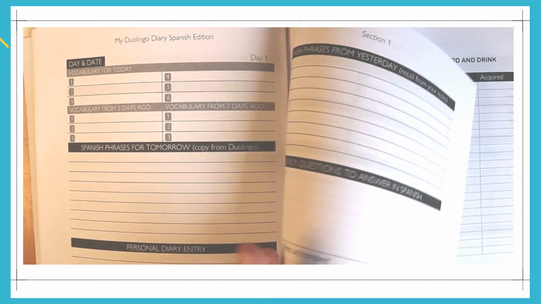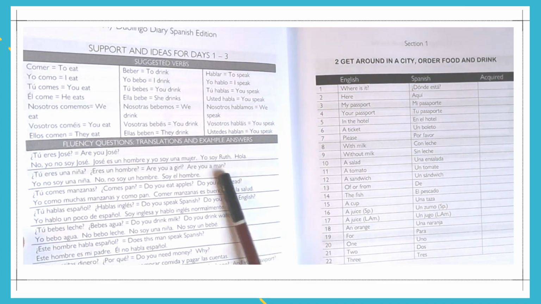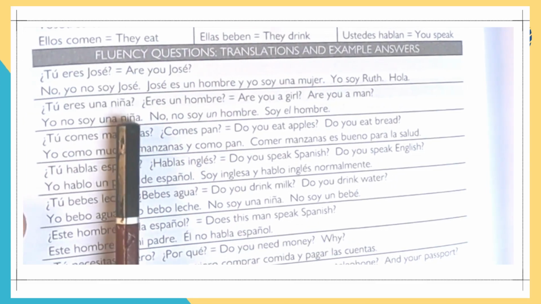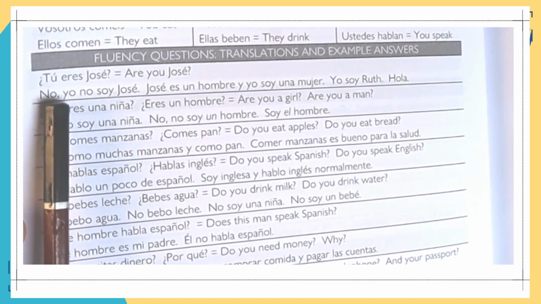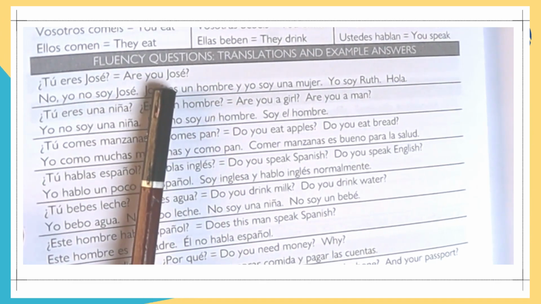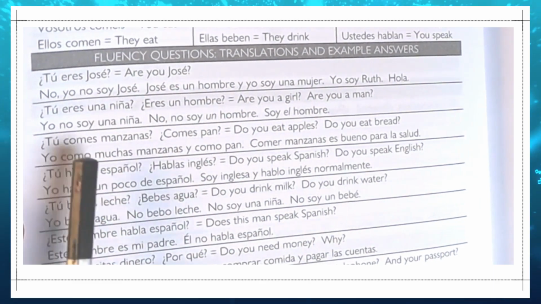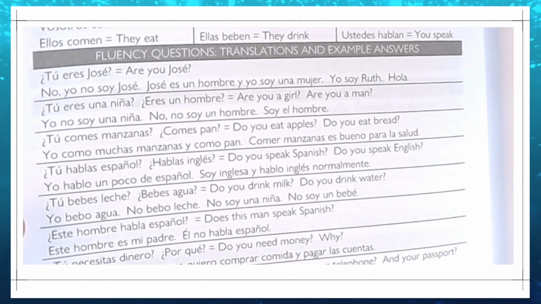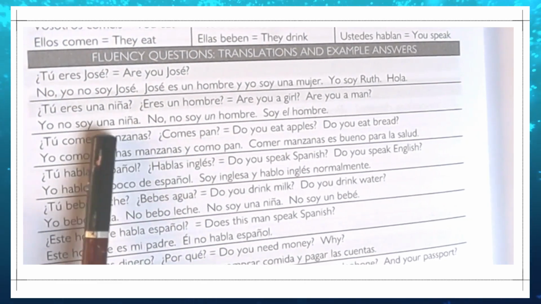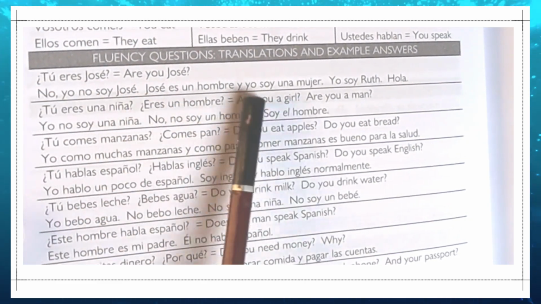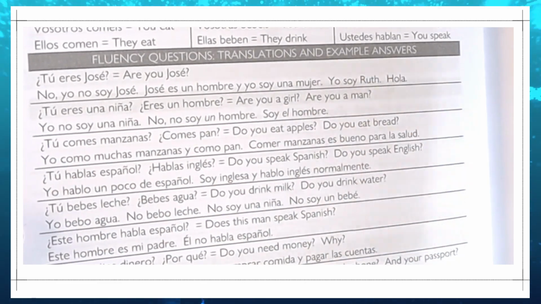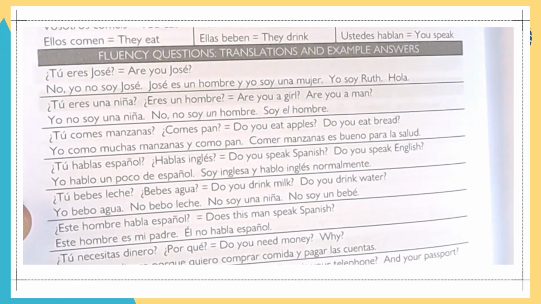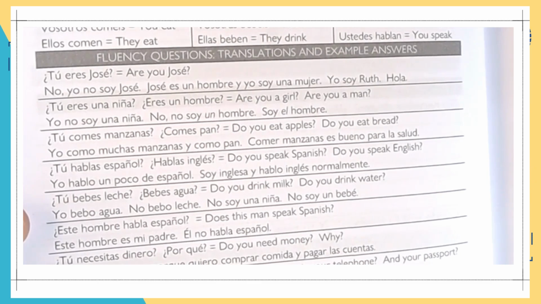If for any reason you don't understand the question, in the support section for each 2 or 3 days, you have the translation. So the translation for all of those questions in all those 3 days are here. And you also have my suggested answers. My suggested answers aren't translated. Just try to read them and focus on what you can understand.